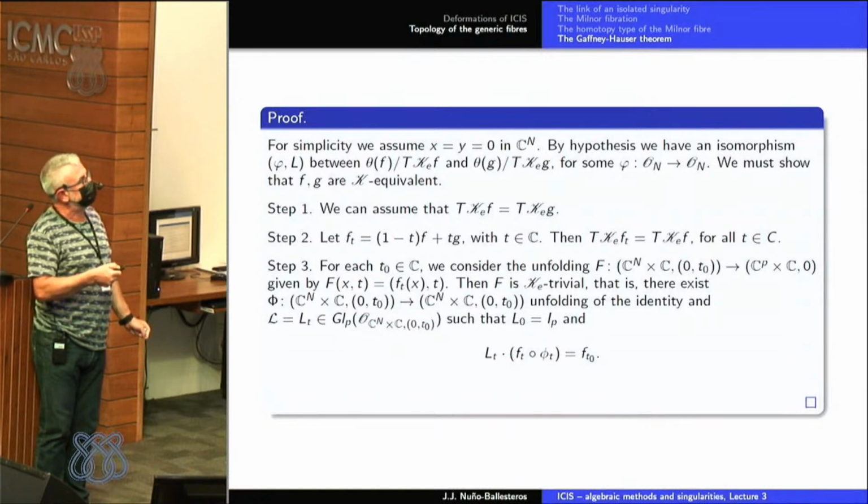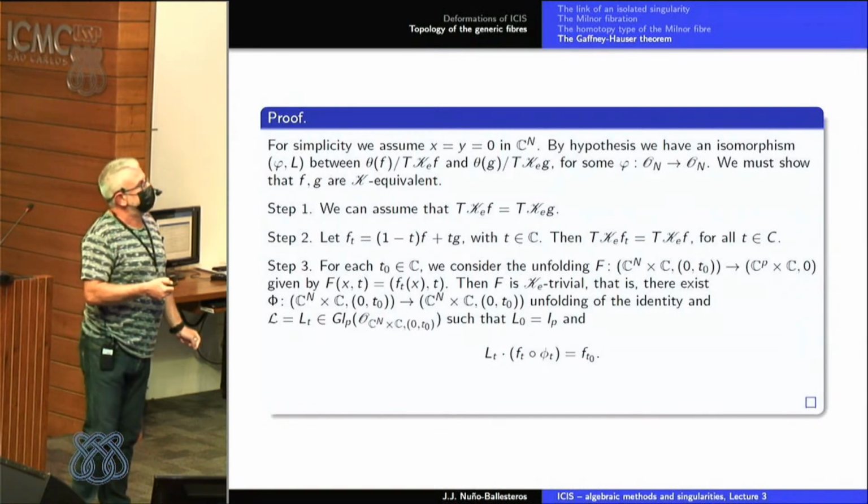This means that there exists capital Phi, which is an unfolding of the identity, and L_t, which is a family of invertible matrices with entries in O_{n+1}, such that L_0 is the identity, and you have L_t times F_t composed with phi_t equals F_{t0}. So this means that the unfolding is K_e-trivial.